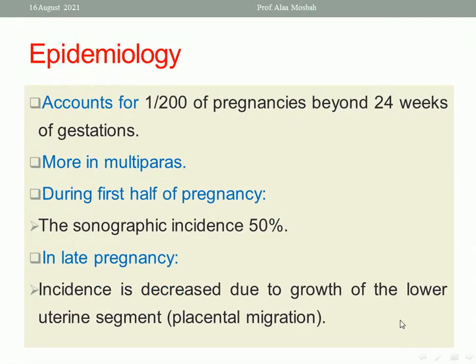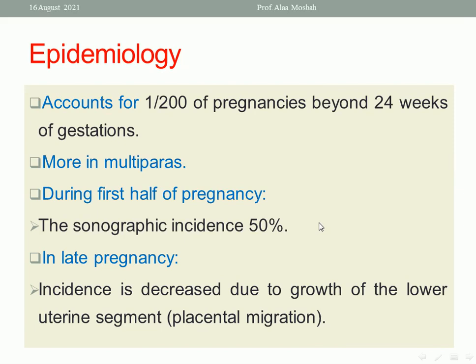What about the epidemiology? 1 in 200 pregnancies has a placenta previa beyond 24 weeks gestation. It is more common in multipara, but you should know that if you did an ultrasound in the first half of pregnancy, you may diagnose many cases of low placental lying, reaching up to 50%.